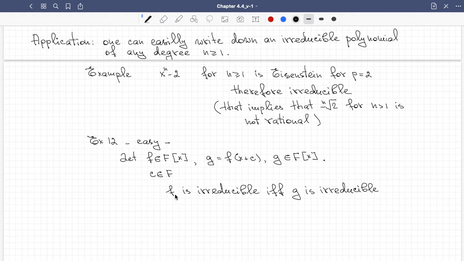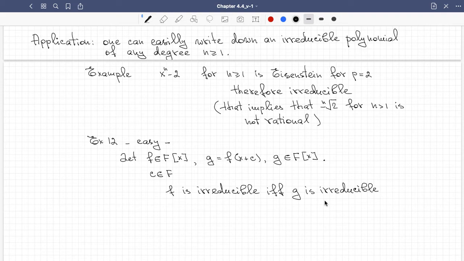You write a factorization. If f is not irreducible, then you prove g is also not irreducible. You write the factorization for g, produce out of that a factorization for f, or backwards. That is a very easy exercise, how to produce a factorization of one polynomial out of another one. You simply plug in x plus c or x minus c, depending on whether you start from g or from f, for x.